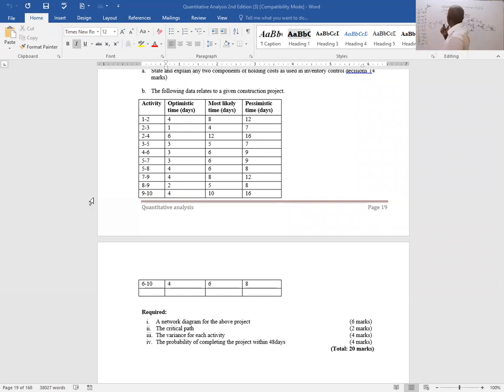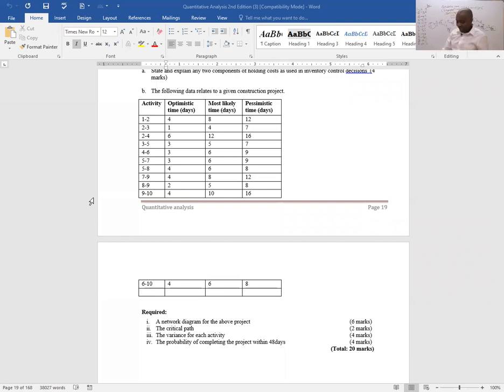The most likely for A is 8, so 4 times 8 is 32, plus 12, and then I say equals. Whatever I get, that is the sum, I divide it by 6. What am I getting? I'm getting 8, so the time that I need to put inside here is 8.